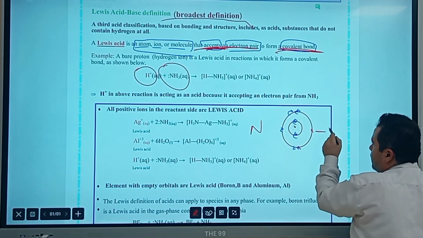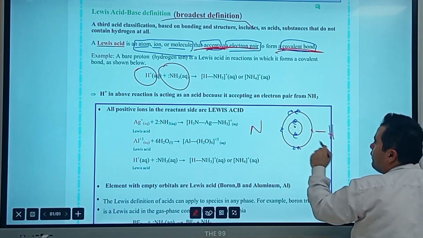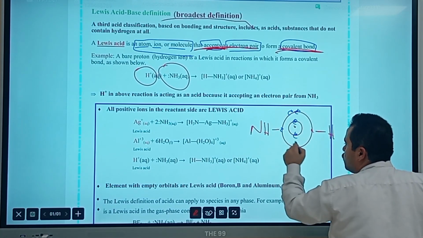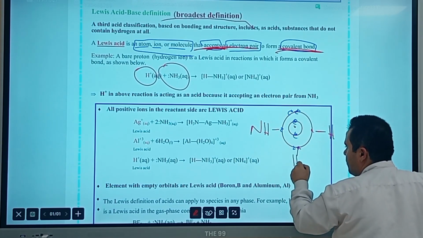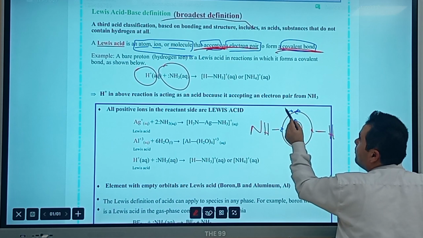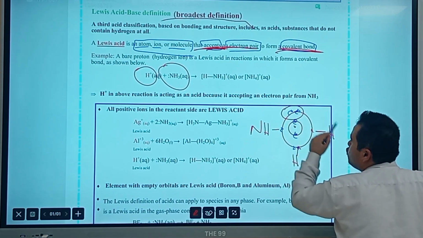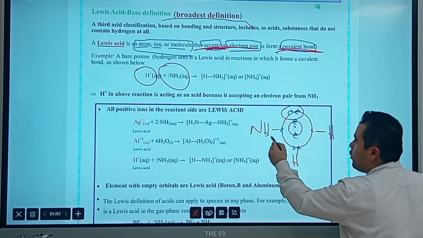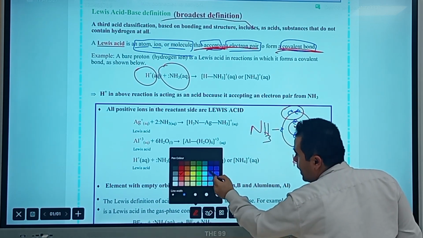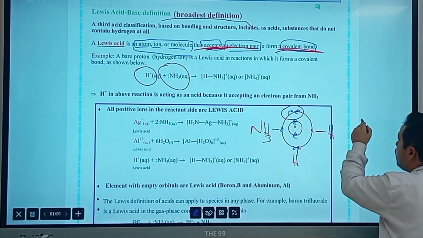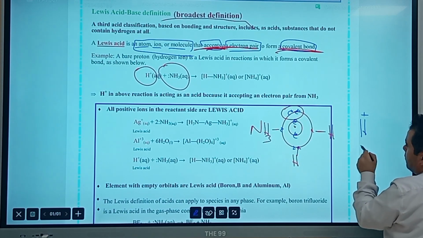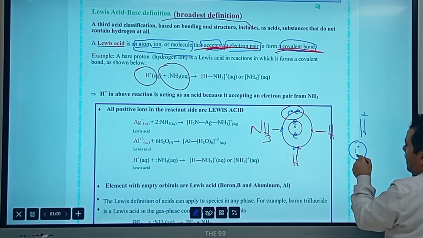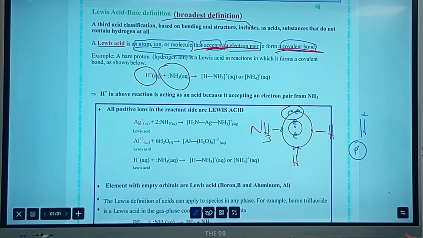NH3 forms 3 covalent bonds with the hydrogens, and the remainder is a pair of electrons which is unshared. It has an unshared pair of electrons. The orbital of a proton has nothing, no electron.